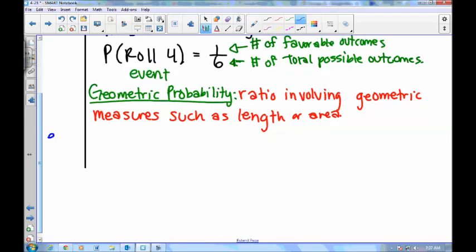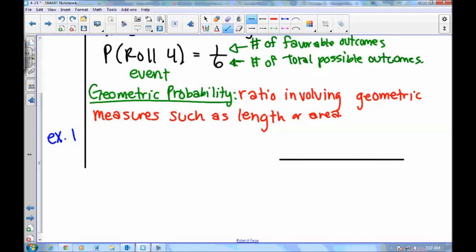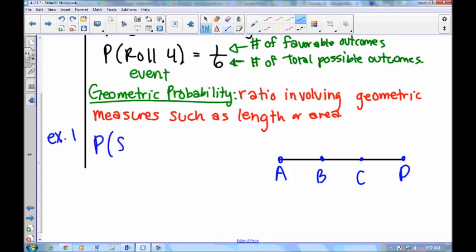All right, example 1. We're going to do a probability problem off of length. So we're given a picture, which is just a line segment with endpoints A and D, and in between we have points B and C. We want to find the probability that a point S, is there an S on that line segment right now?